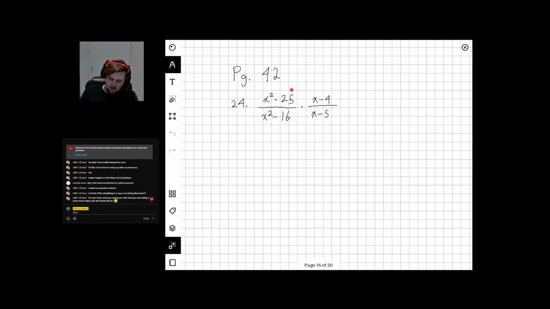Okay. Here we've got, hopefully you recognize immediately, two differences of squares. This is already fully factored, so we don't have to worry about that. But let's worry about this because we could have some cross cancellation happening. Or maybe it's easier just to think of it this way, right? Multiply across, because that's what we do when we multiply fractions together.